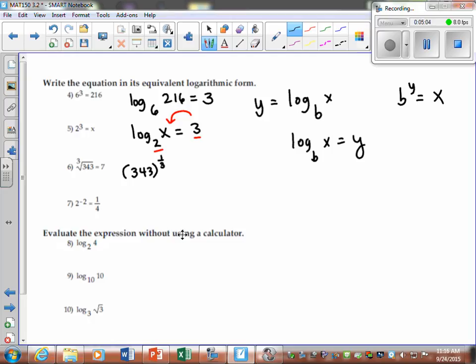So if I rewrite that is equal to 7, now I want to use this to write in logarithmic form. That would give us log base 343 of 7 is equal to 1/3. And I check myself: this raised to this equals this. Yes.